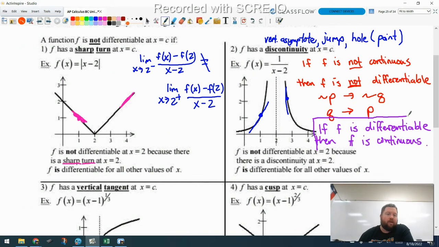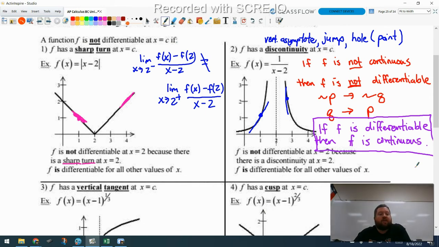This statement right here is extremely powerful. We will be using this all the time when we do our theorem questions on the free response. There are many times where a problem will tell you f is a differentiable function, and then your theorems require that f be a continuous function.